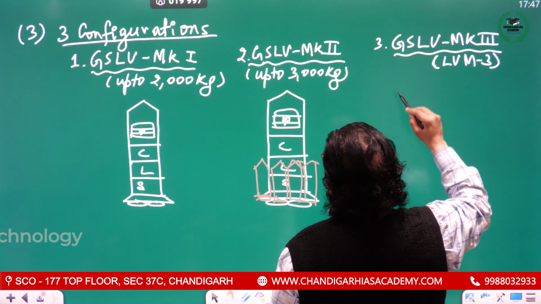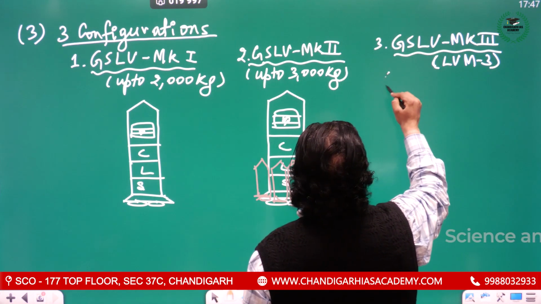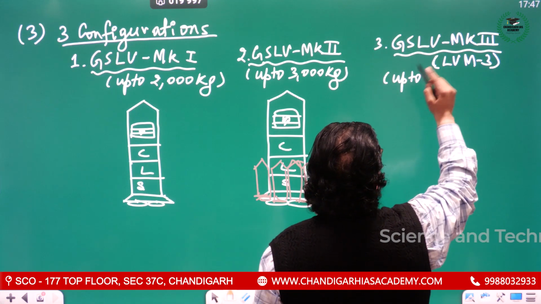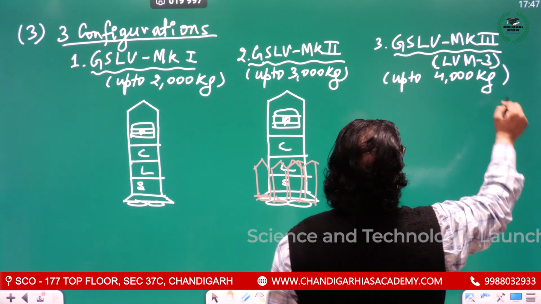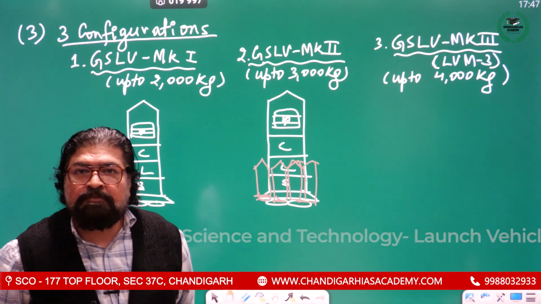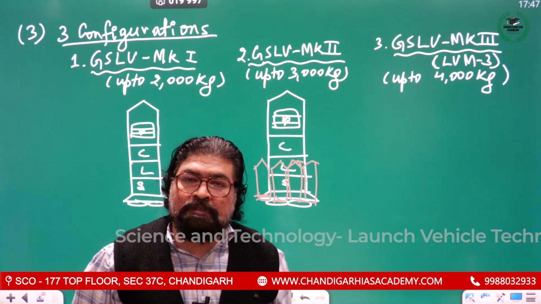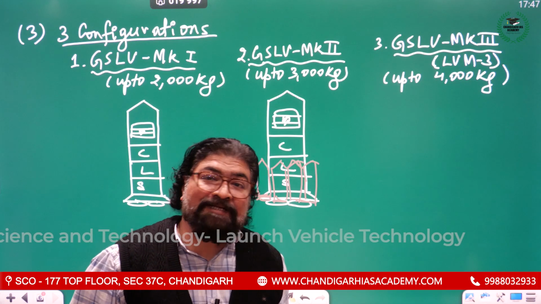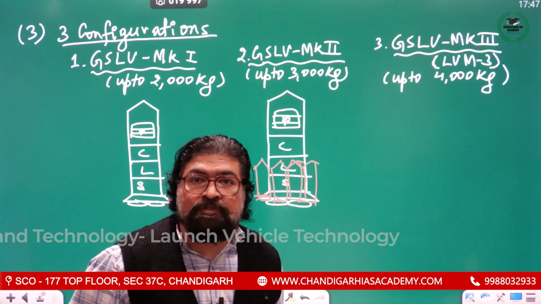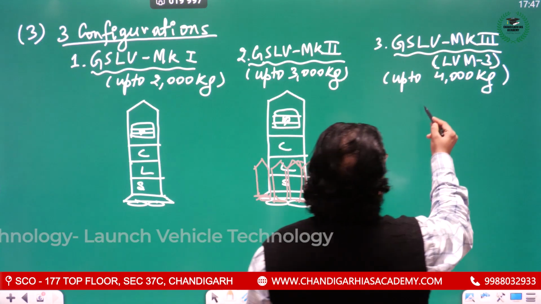Now it is the heaviest, 640 ton. If you have to take to GTO, geosynchronous transfer orbit, you can take a payload of 4 ton. But if you have to carry into low Earth orbit, we can carry up to 8 ton, that is 8,000 kilogram.